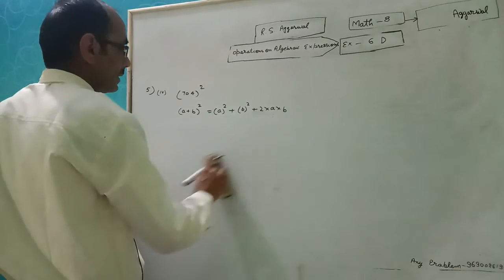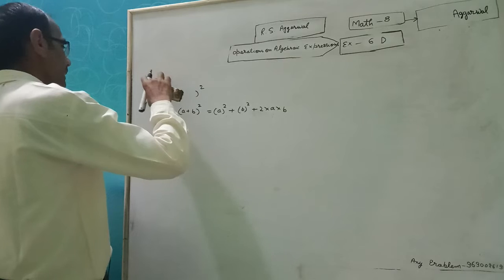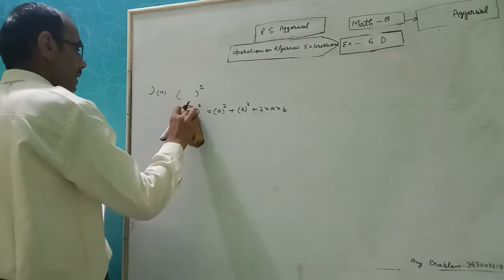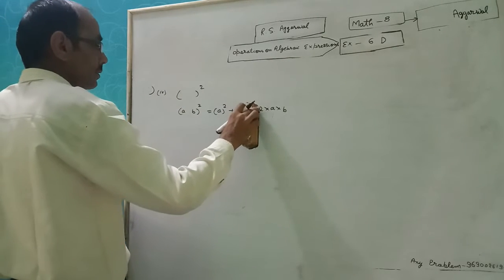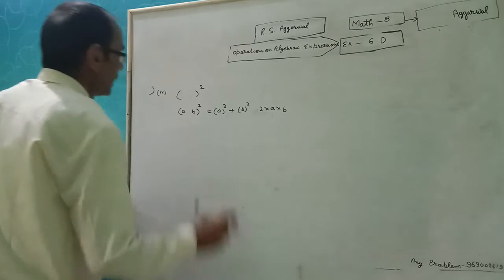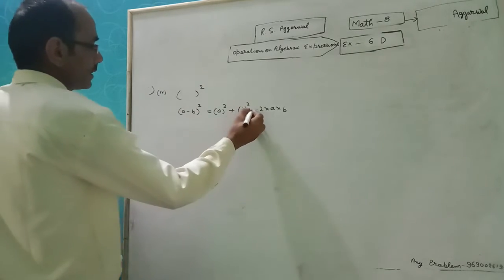Question number 6. All questions make the minus formula. Minus formula is A minus B whole square.